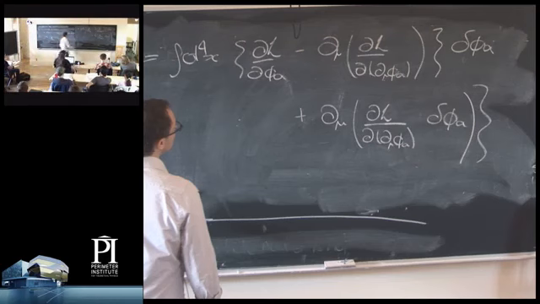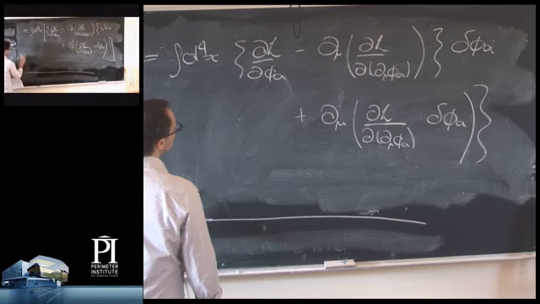Okay. So now this vanishes. But why does it vanish? Well, it vanishes for any variation delta phi A of x and t.